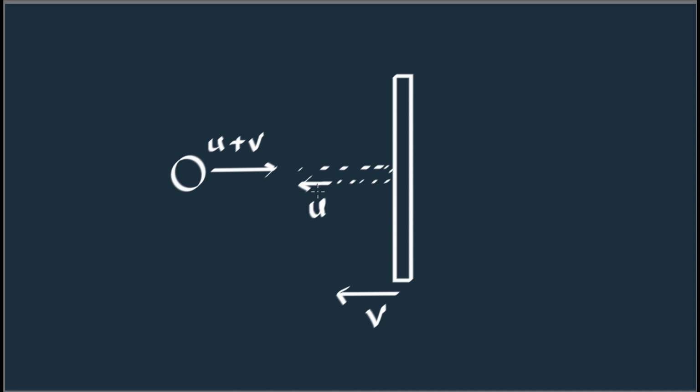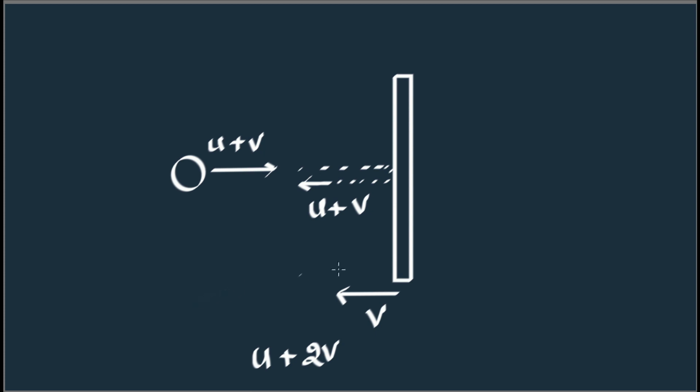So the ball is now coming with the speed u plus v, so it bounces back with the speed u plus v after an elastic collision. So the returning ball has a speed u plus v in the moving frame of the wall. So seen from the ground, the velocity of the returning ball is u plus 2v.